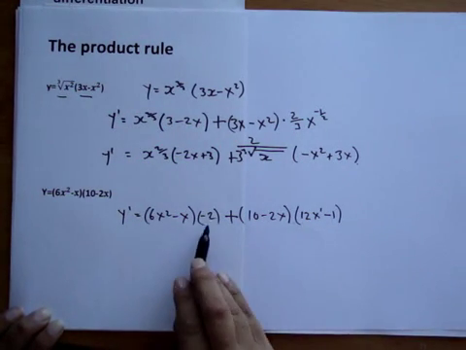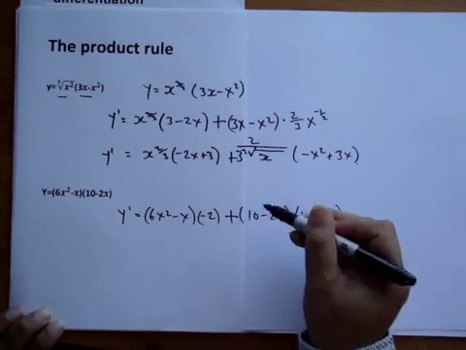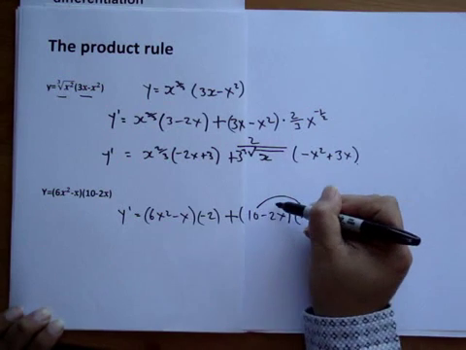Now multiply these two bracketed terms together and then multiply these out, so use our FOIL method.